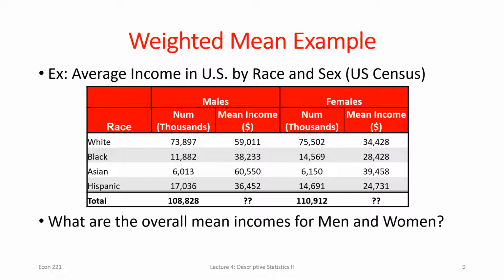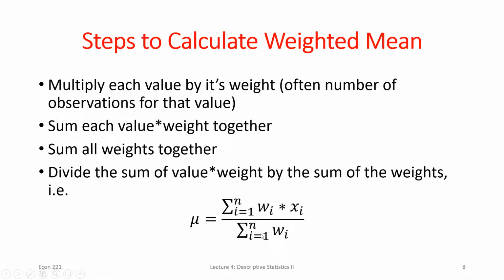Before they grouped this data for me, there were 108,000 different male incomes, but I'm only seeing it grouped into 4 different racial categories. So when I add up those weights, that's the total number of observations in that original data set I can't see, and that sum of the weights is what I want down here in my denominator.